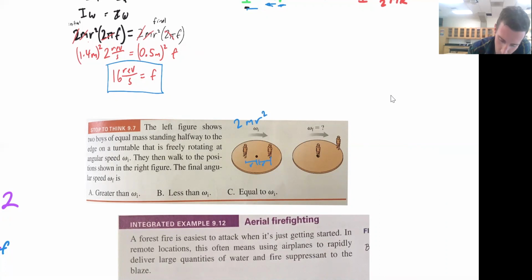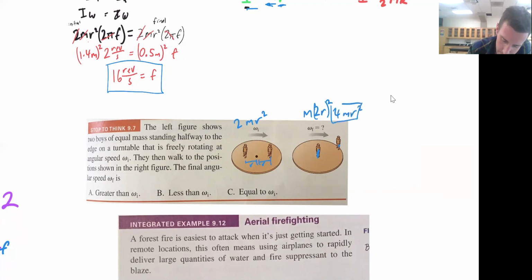In this one, one of them is in the center, so he has a radius of 0. The other one is all the way on the outside, so he's gone out to 1 m, but now he has 2 radius squared. So his radius has gotten bigger. 2 squared is 4, so this would be 4 m r squared.